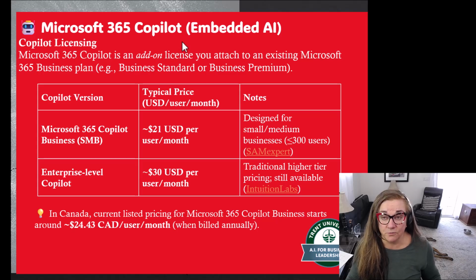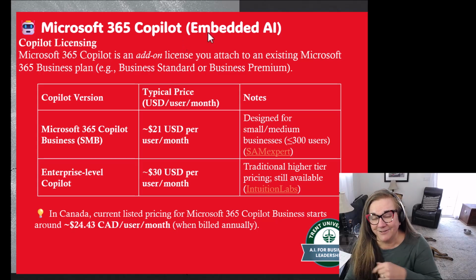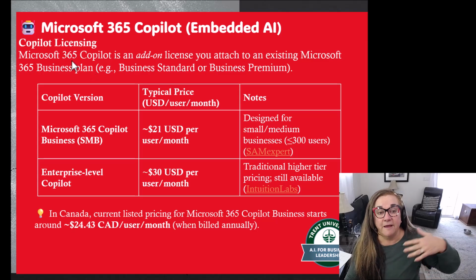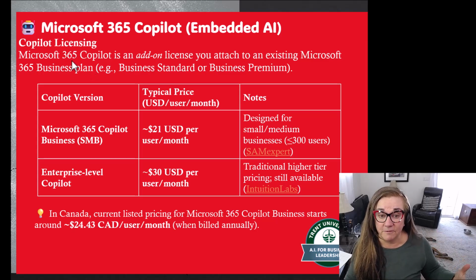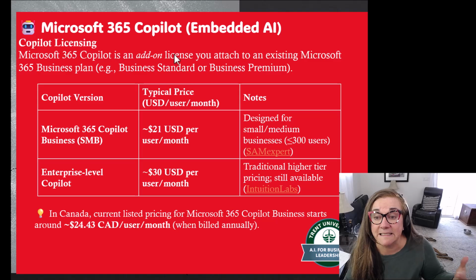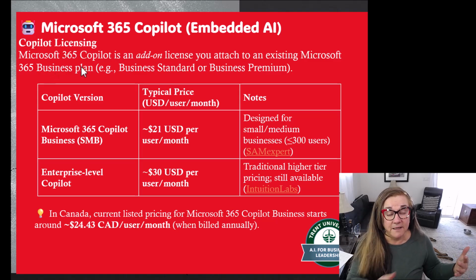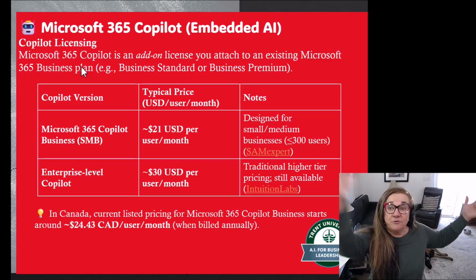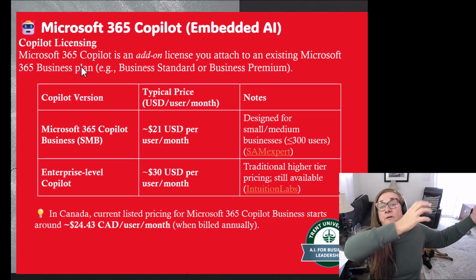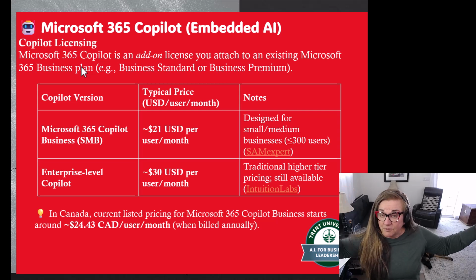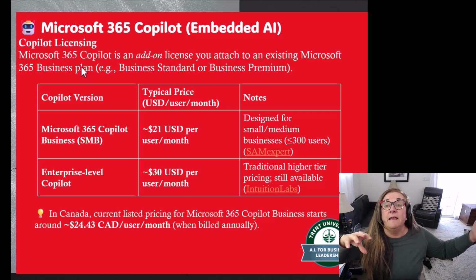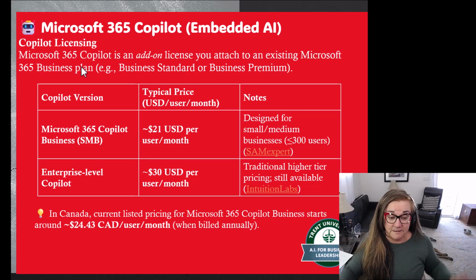So this is how much they cost in the Microsoft world. Microsoft Copilot, when you want AI embedded, means you already have Microsoft 365 and you've already paid for that. So Copilot is an add-on to your existing Microsoft 365 plan. If you're Microsoft Enterprise, it's an add-on per person, and your IT department has to enable it and pay for it per person.